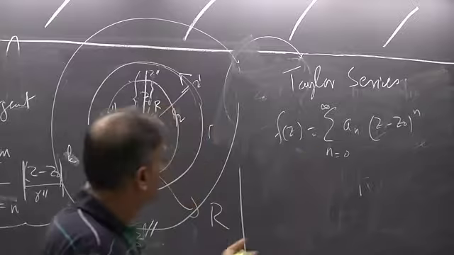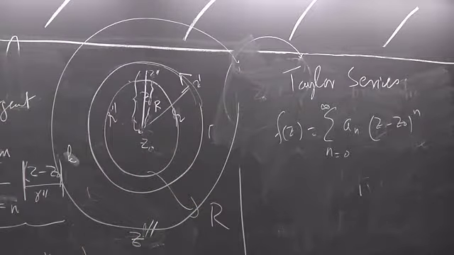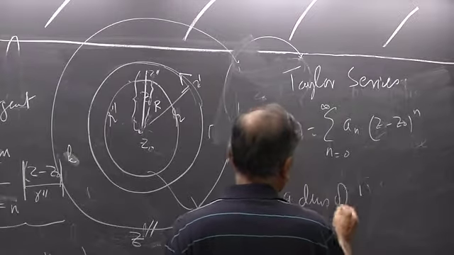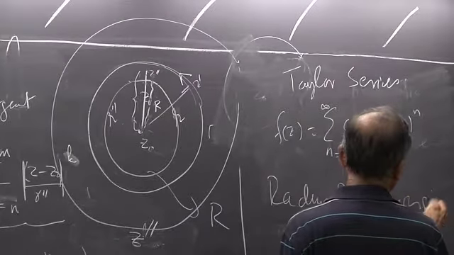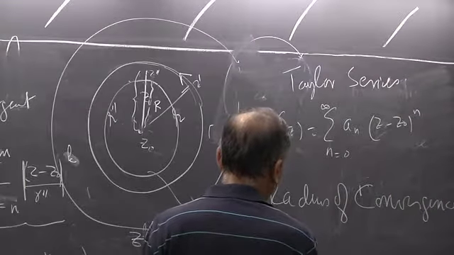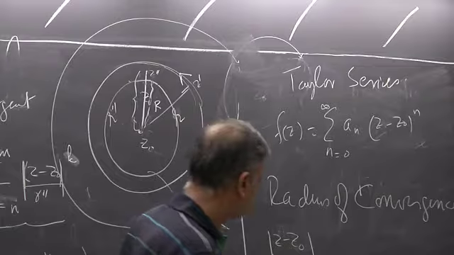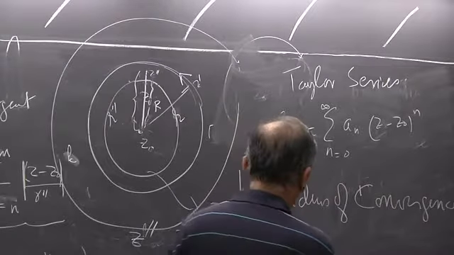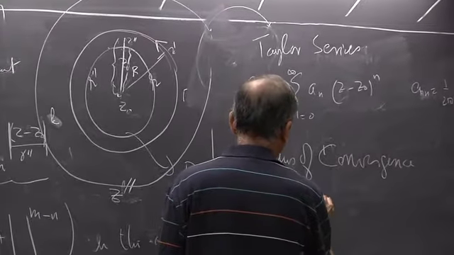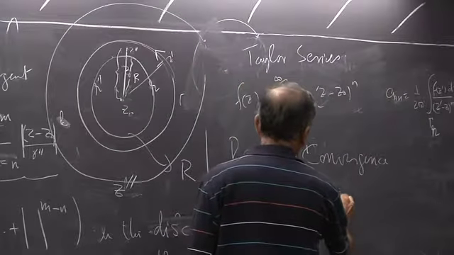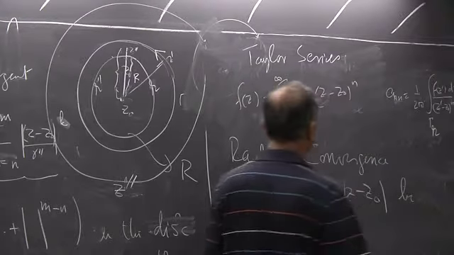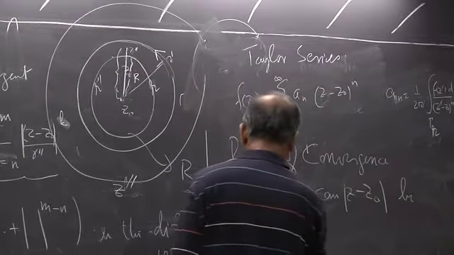Okay, so this is what the radius of convergence is. Radius of convergence of this series means how large can z minus z0 be such that this series converges.